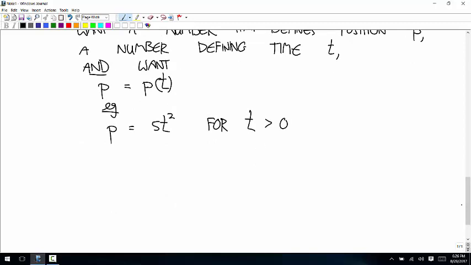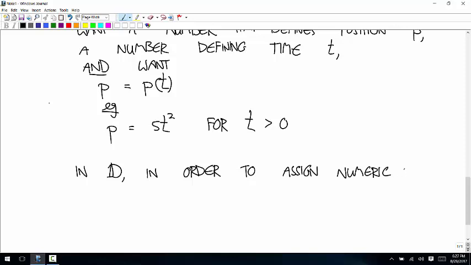Okay, so in 1D, in order to assign a numeric value to position, you need to choose two things.